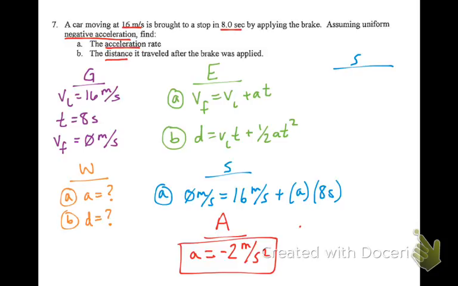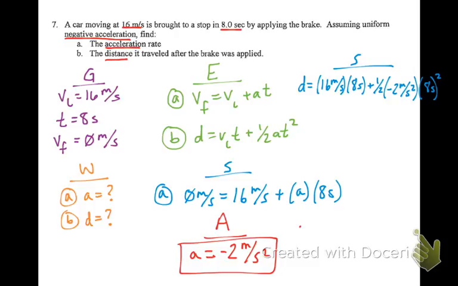Let's substitute in for part B over here. So we've got our D equals VI, which is 16 meters per second, times our time of 8 seconds, plus 1/2 times our -2 meters per second squared, times our time of 8 seconds squared.